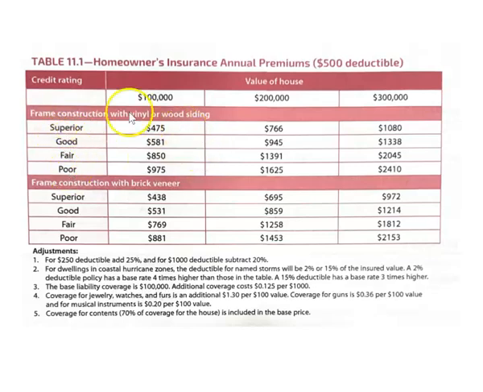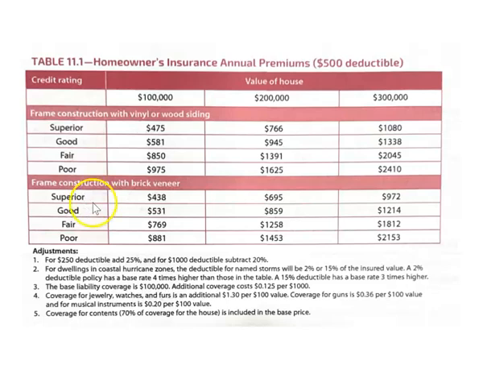This top section has to do with the frame construction house with vinyl or wood siding, and then frame construction house with brick veneer. That means it's not solid brick, but it's got a brick facing over its body.